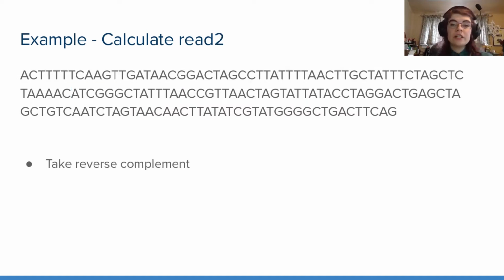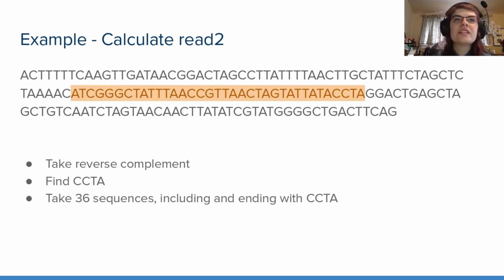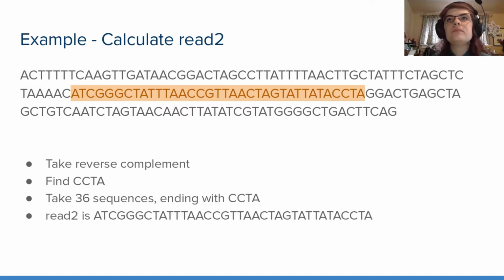For read 2, we take the reverse complement, and we find CCTA. And then we take 36 bases, including and ending with CCTA. So it ends up being a little bit shorter, and read 2 ends up being this.